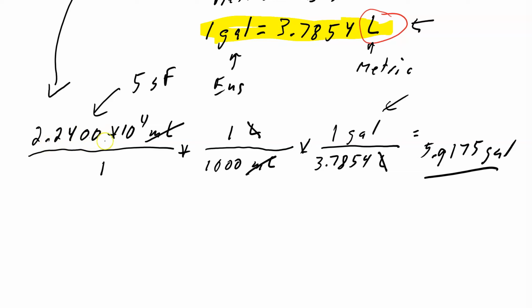We only look at the number to the left of the multiplication sign for significant figures. Our conversion factor in our metric conversion, of course, is an exact number, as it always is. My conversion between gallons and liters is a measurement. We have 5 significant figures here as well. Therefore, my answer must have 5 significant figures.